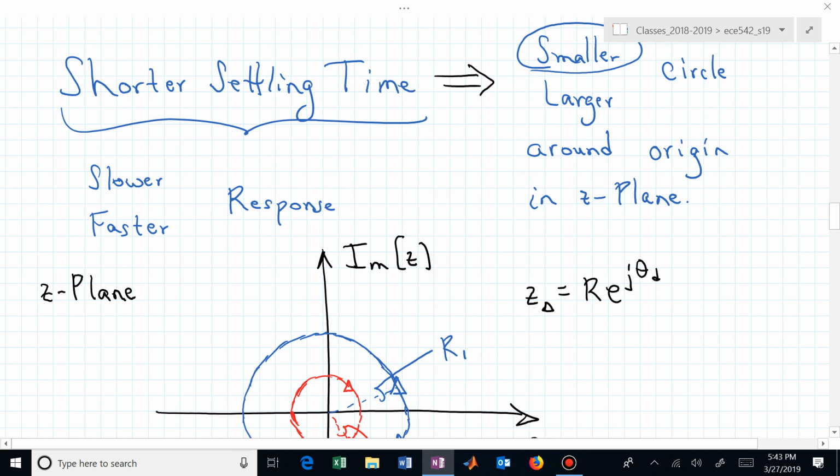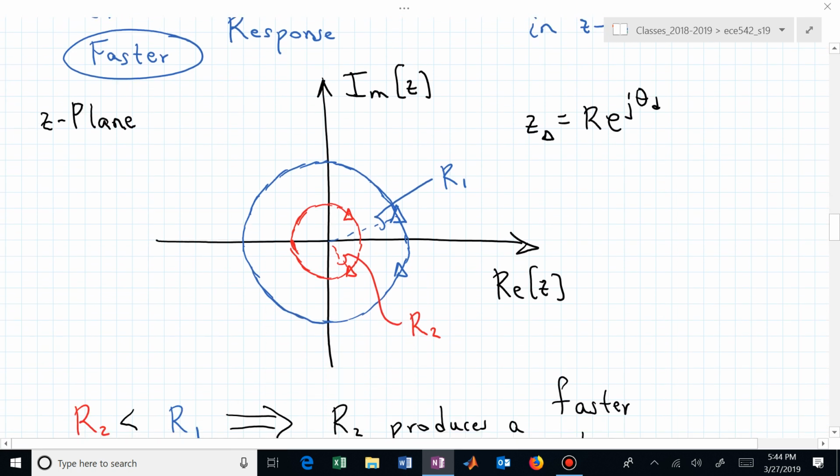It should be a faster response if you have a shorter settling time. So hopefully you had your thumb up on that to get a faster response. Of course, when I say a shorter settling time, I'm meaning a faster response, or I'm meaning a smaller circle around the origin in the complex z-plane.